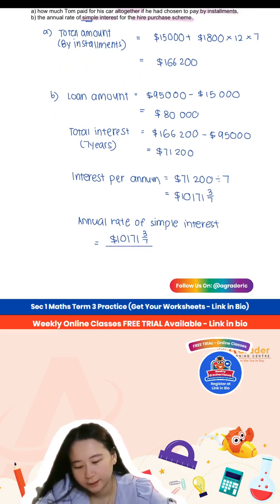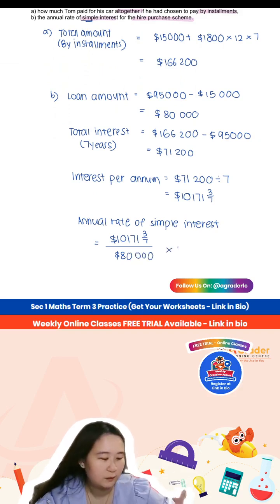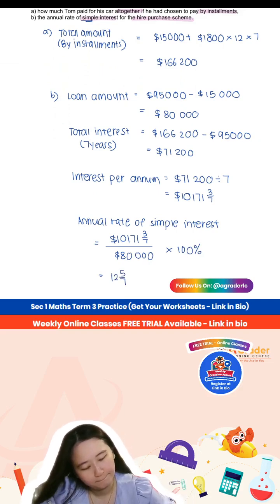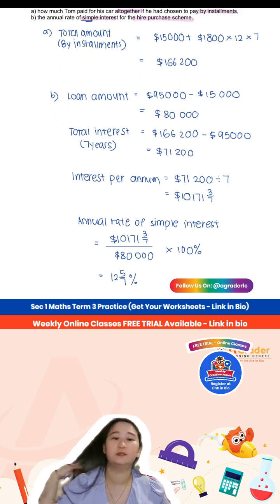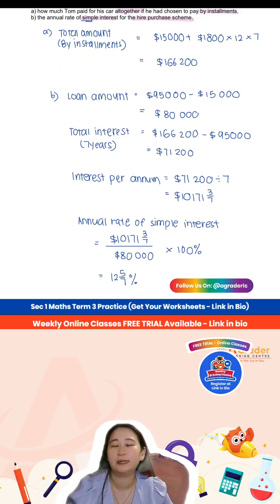Okay, divide by 80,000 times 100% will be 12.5/7%. So if you can leave in fraction, that will be the most exact form.